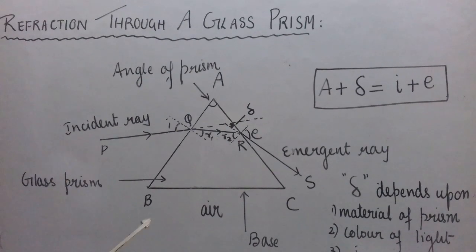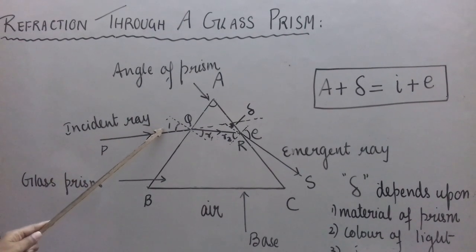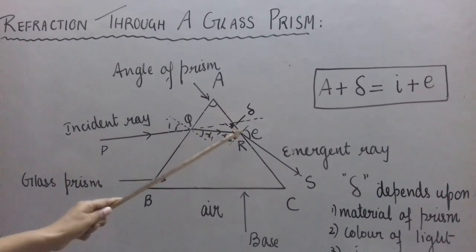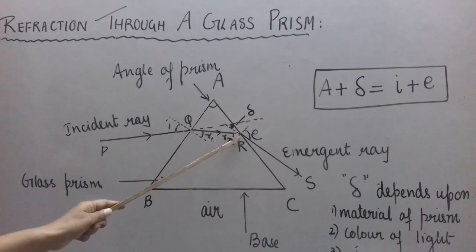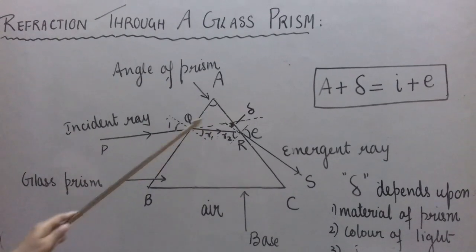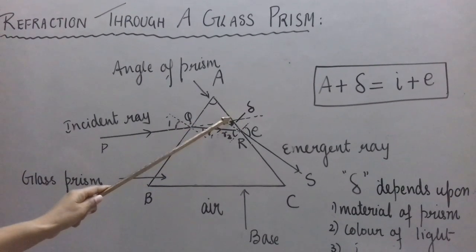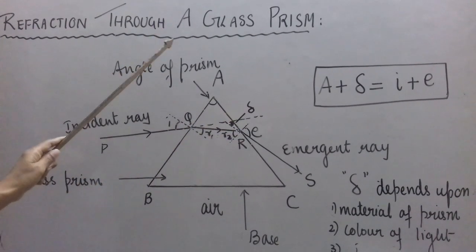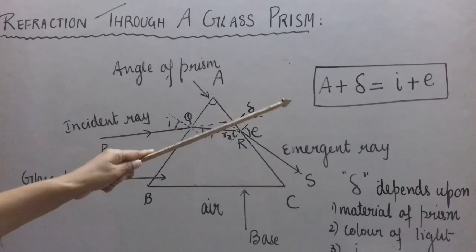See students, here when you change I, this E will also change. A is fixed, delta will also change, but how will they change? There is one relation which is fixed for a glass prism. See, I have written there.